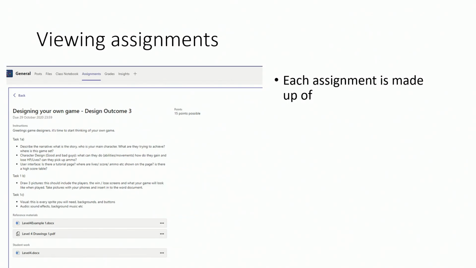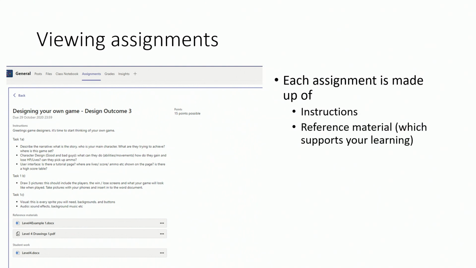Each assignment is made up of the title, followed by the instructions. The instructions break down the task into smaller sections and guide you through the work to be completed. Reference material is additional information which might help you.